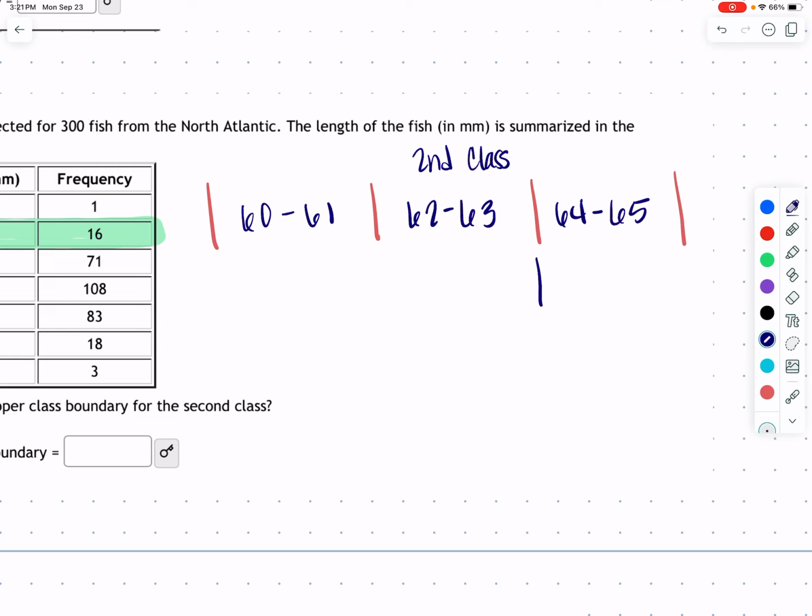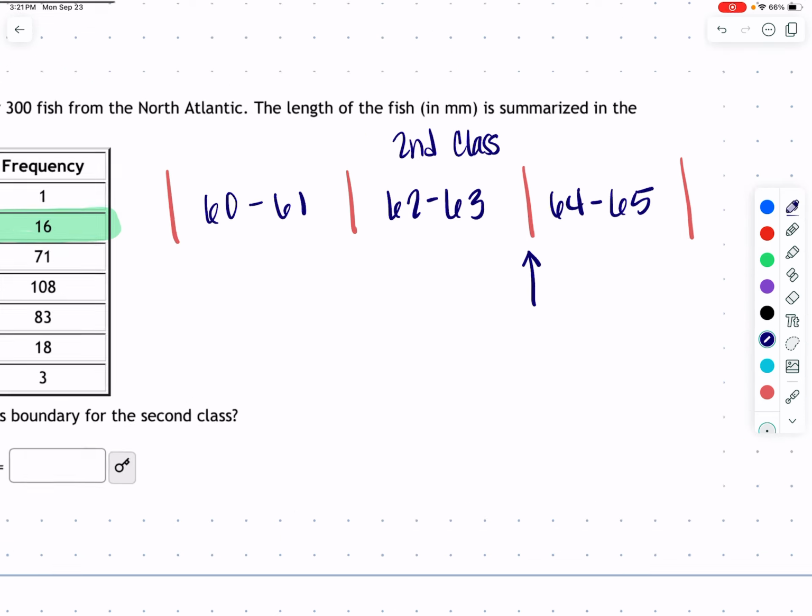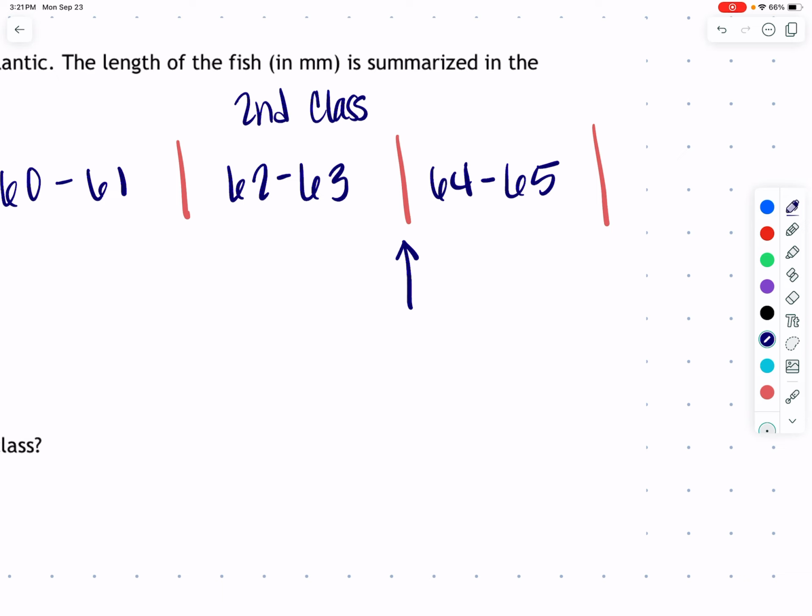The upper class boundary is the line that separates the second class from the third class. It is exactly between the upper limit of the second class and the lower limit of the third class.